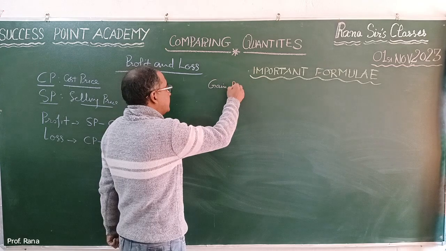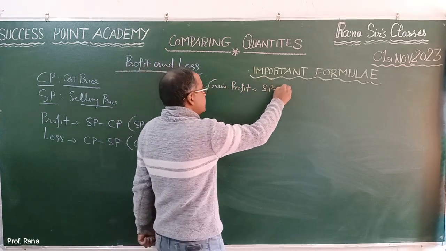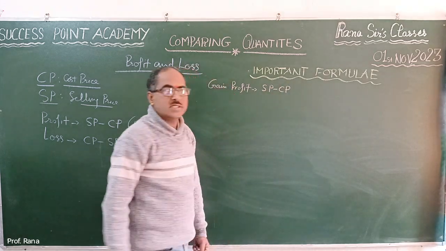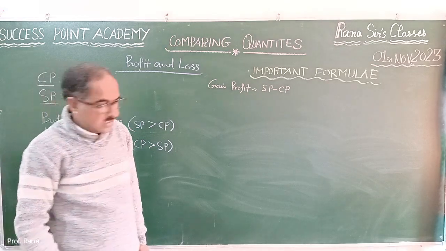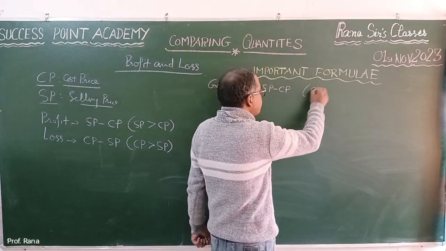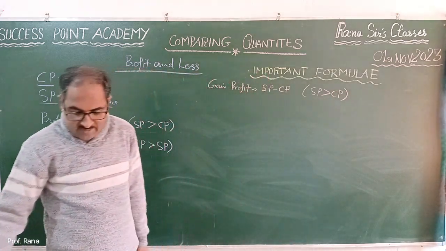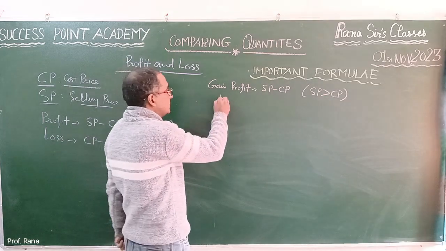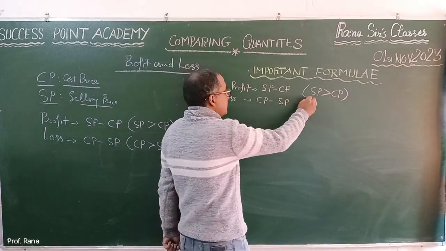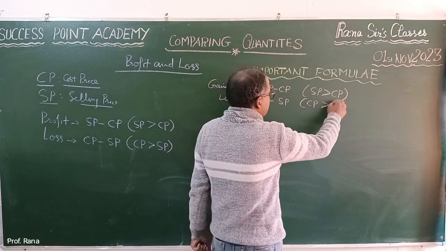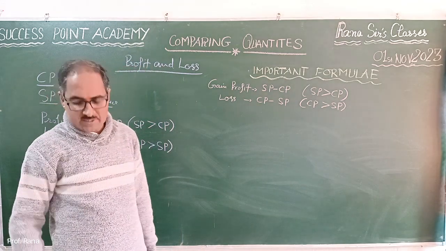Gain or profit, that is SP minus CP, right? Selling price will be more than cost price. So the condition is SP will always be more than CP, then there is profit. Then we have loss. Loss is what? CP minus SP. CP is always more than SP. Then there will be loss.